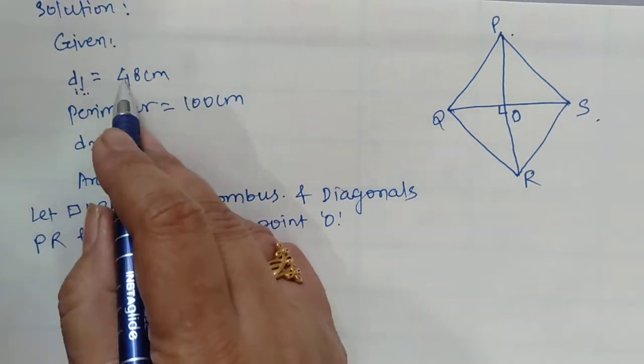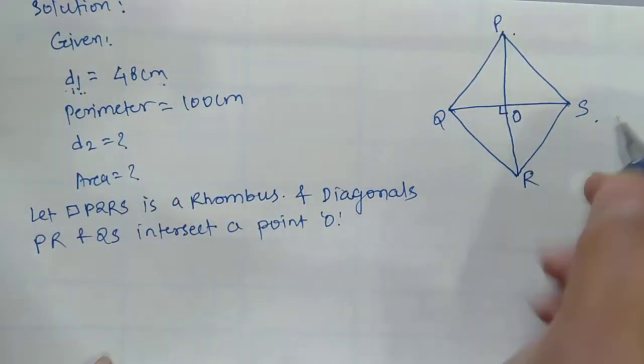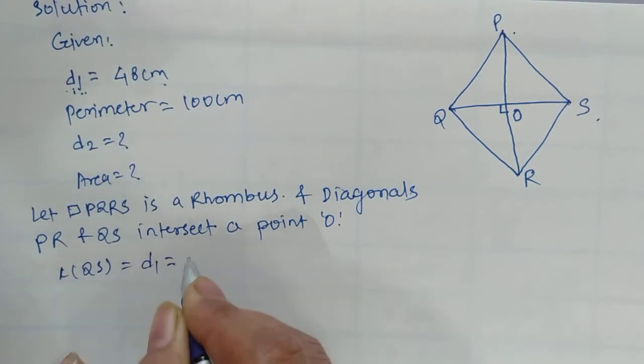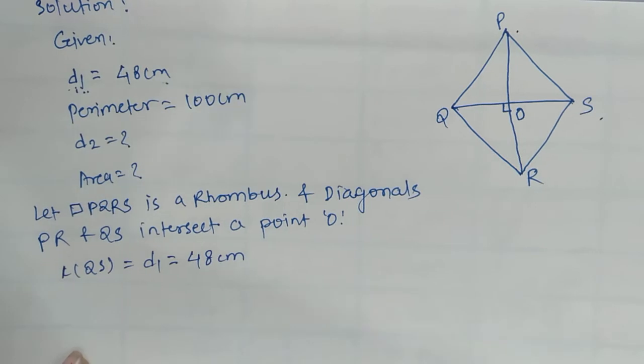So see, the length of one diagonal is given. Suppose it is QS. So the length of QS is equal to D1, which is equal to 48 centimeter. Very simple.